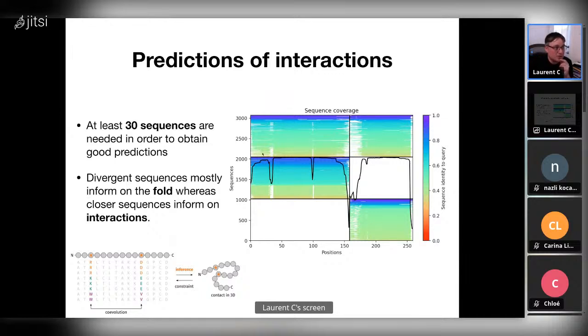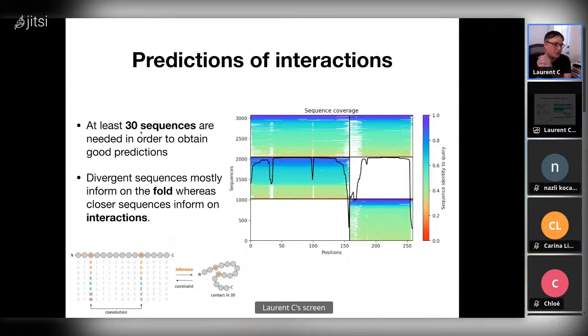AlphaFold typically generates a graph like this that lets you see how many sequences were found to generate the multiple sequence alignment. Typically, for AlphaFold to give you good structures, you need at least 30 sequences. But you need those sequences to be somehow different from each other.